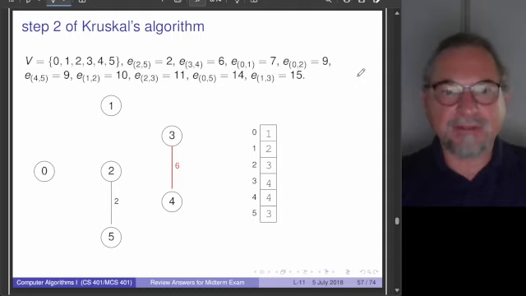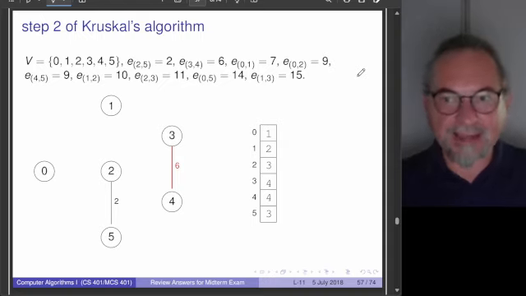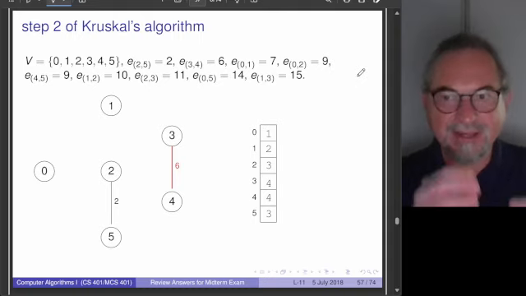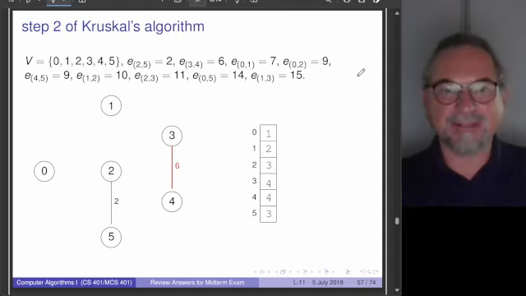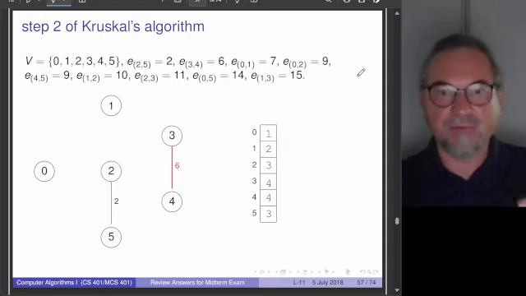Then we add 3 and 4, I'm sorry, we are adding 6 as the weight. 6 is the weight of the edge connecting 3 and 4.